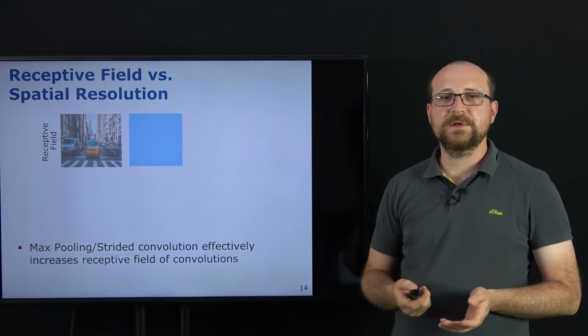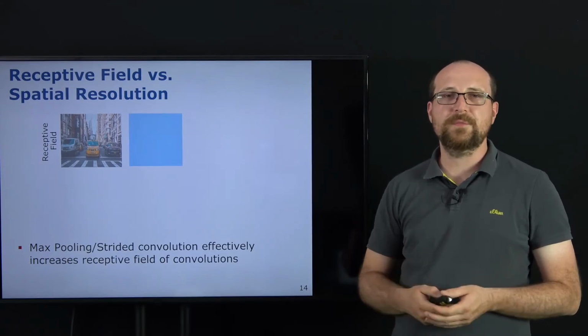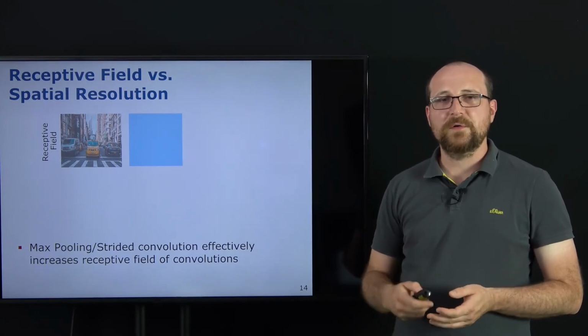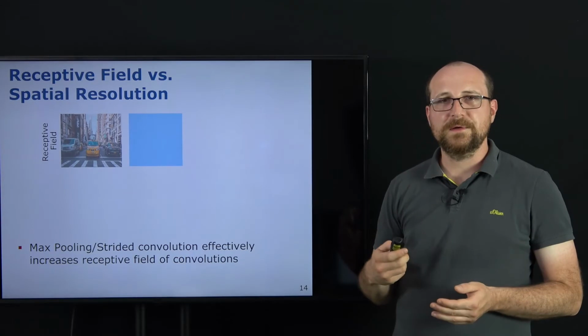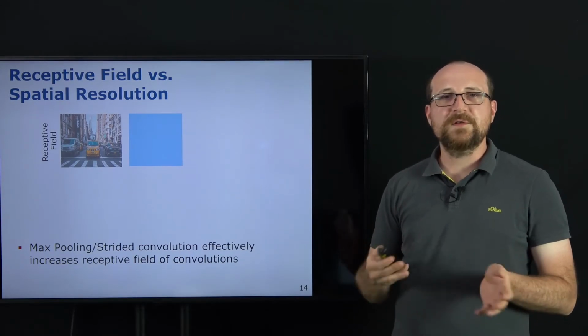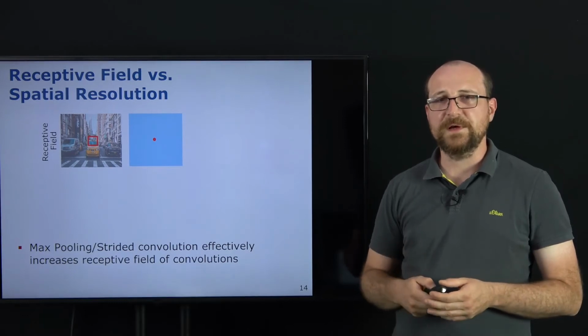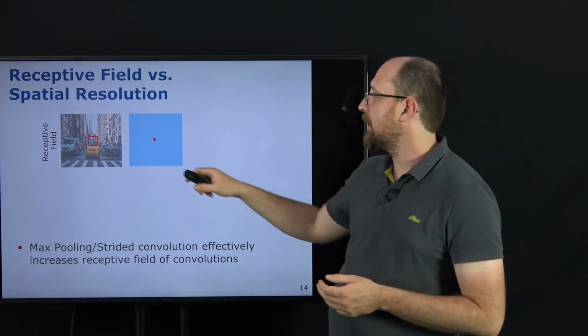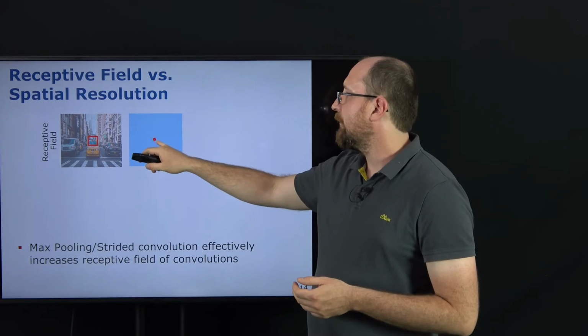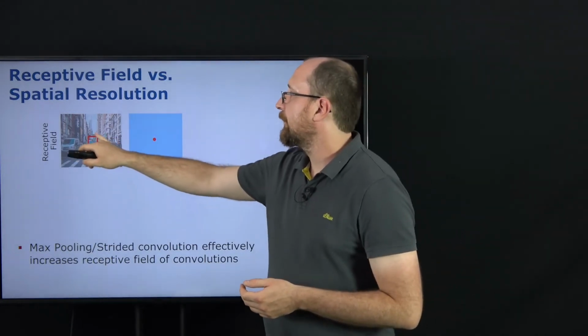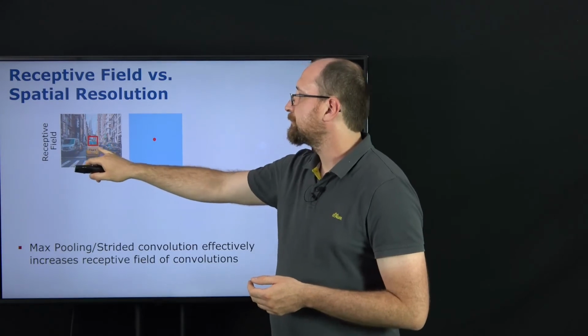And this is usually achieved by using pooling operations or strided convolutions. Just to remind you how this influences the region that can be seen from the original image. So that's basically the idea. When we apply the convolution to get the feature map, we are basically applying this on the original image like this.